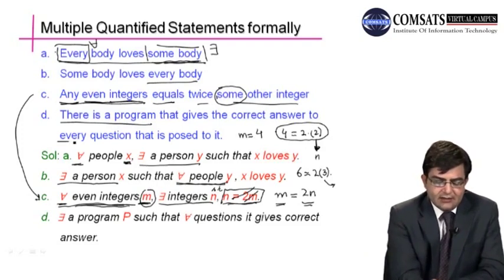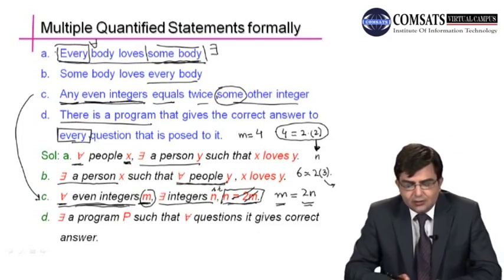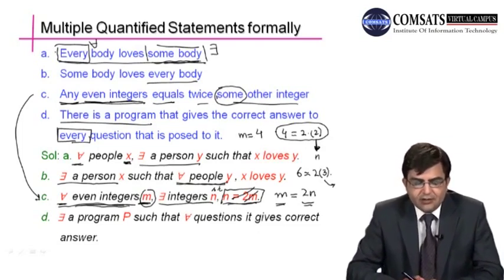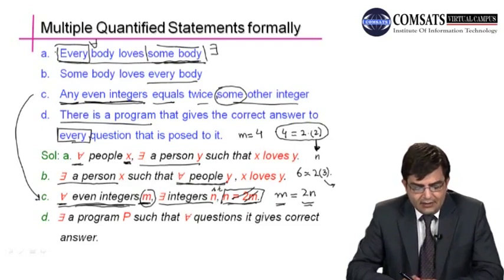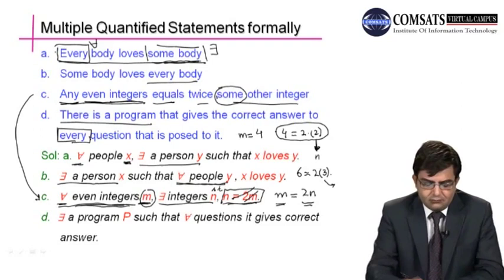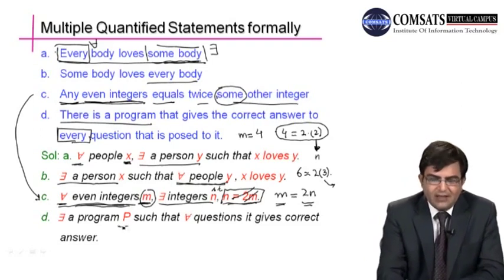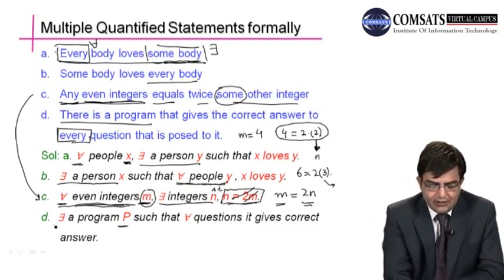Now every is coming here. In this statement we can observe that we must use the existential and universal quantifiers, and we say the program P. Now P is any program, and we use here the existential quantifier.